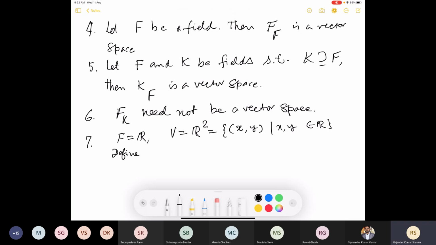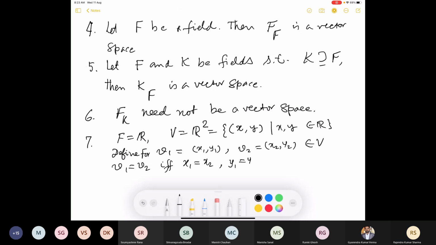Let us say V1 is X1, Y1, and V2 is X2, Y2, in V. So define V1 equal to V2 if and only if X1 is equal to X2 and also Y1 is equal to Y2.